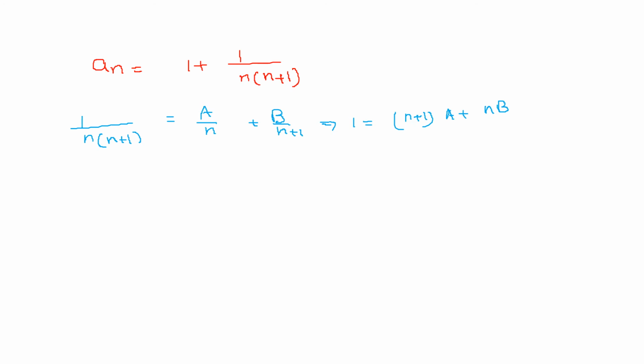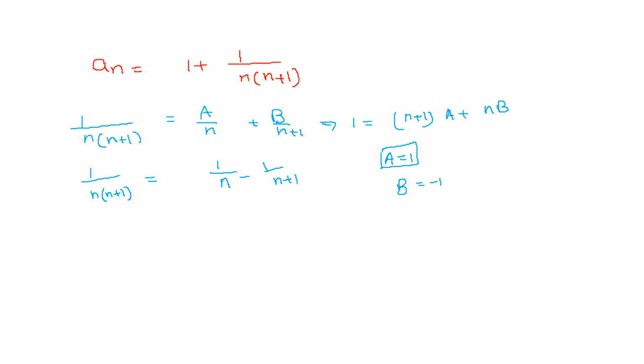When you plug in n equals 0, you get a equals 1, and when you plug in n equals minus 1, you get b equals minus 1. So from here we can say that 1 over n into n plus 1 can be written as 1 over n minus 1 over n plus 1.